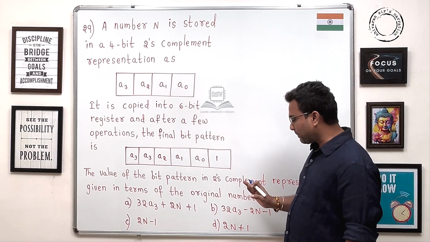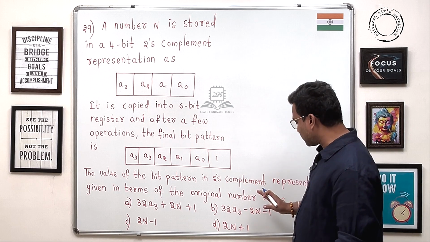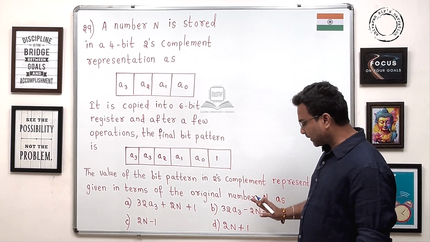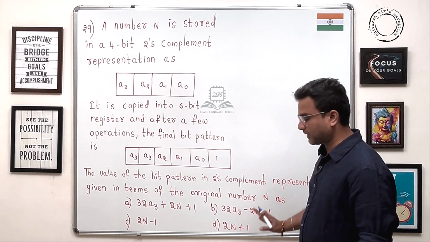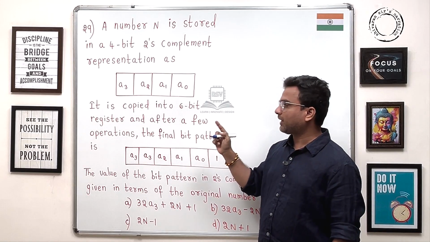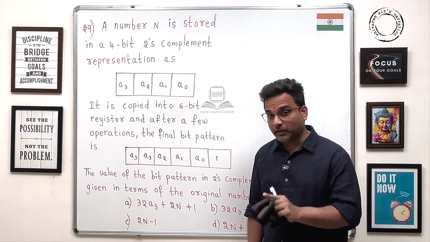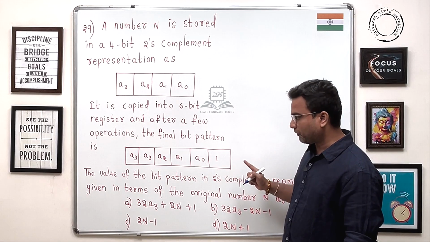The value of the bit pattern in 2's complement representation is given in terms of the original number n as: 32A3 plus 2n plus 1, 32A3 minus 2n minus 1, 2n minus 1, or 2n plus 1. The input pattern is A3, A2, A1, A0 and some operations have been done. The final bit pattern is A3, A3, A2, A1, A0, 1.